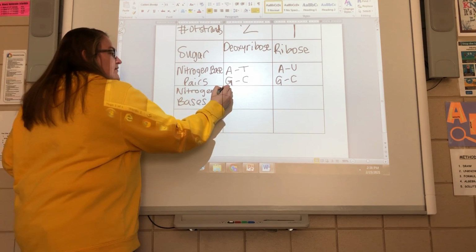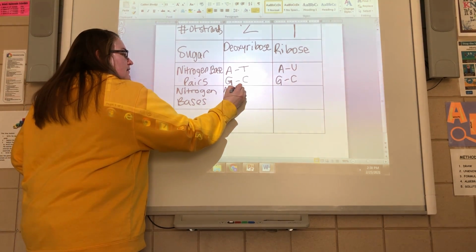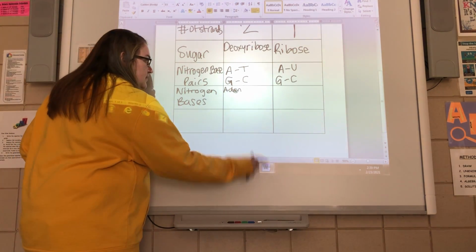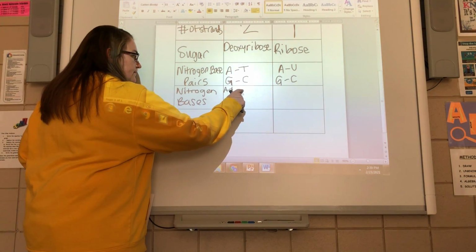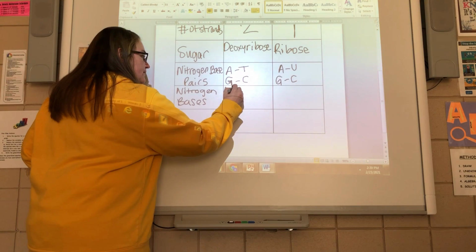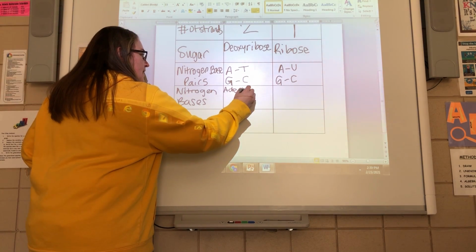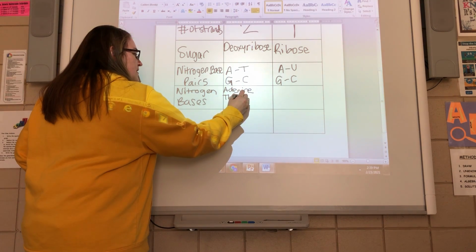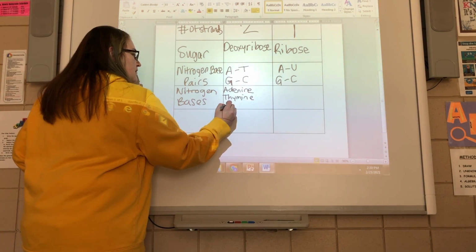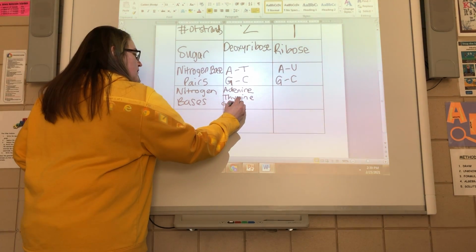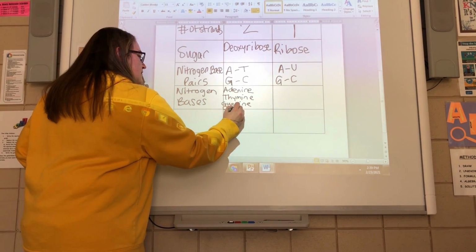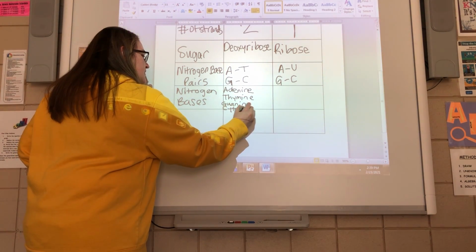So we've got adenine, thymine, guanine, and cytosine.